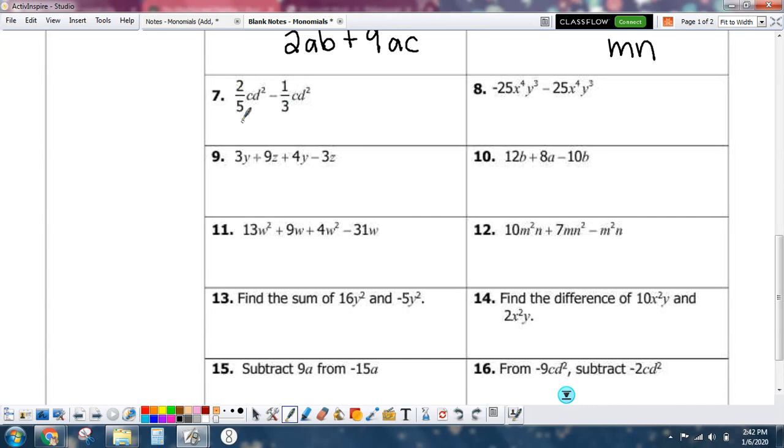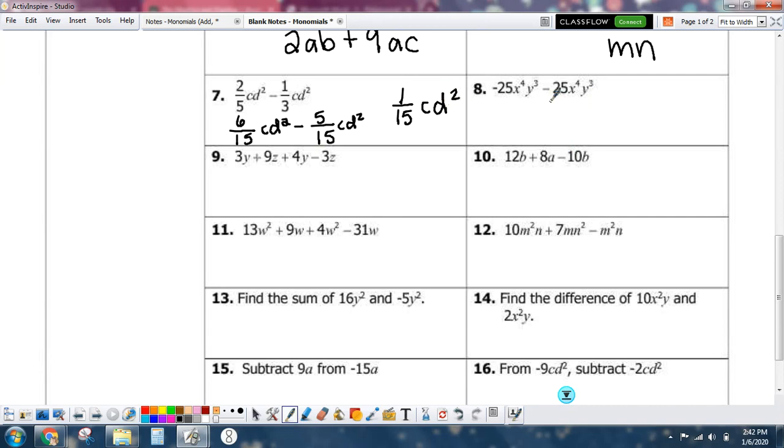So I'm going to do 2 times 3 is 6, and then 5 times 3 is 15. And then 1 times 5 is 5, and 3 times 5 is 15. So now I'm just doing 6 fifteenths minus 5 fifteenths, and I know that that is 1 fifteenth. And I'll bring over CD squared.